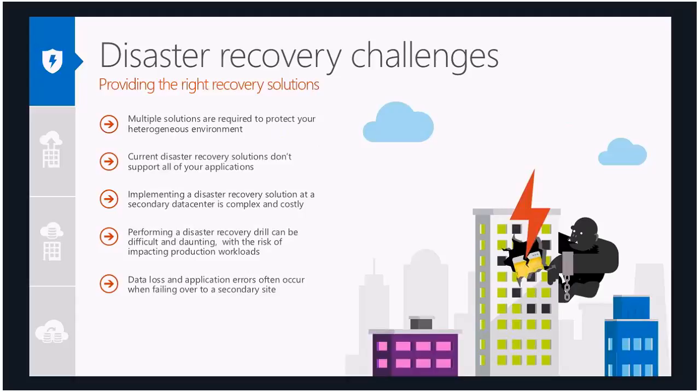That can be difficult, and it can potentially affect our live production environment, our live data. So we need to be able to validate our disaster recovery playbook without adversely affecting production. And finally, we have the risk of possible data loss and errors and corruption when failing over to a secondary site.